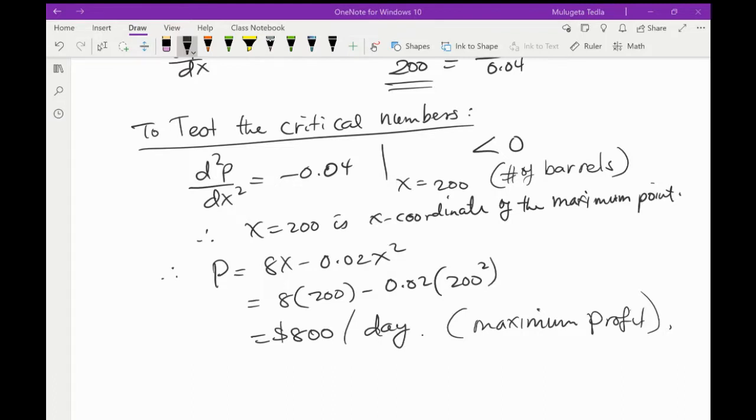So they cannot randomly make. The number of barrels has to be 200 for a maximum profit of $800 per day. Make sense? It's a small company. Is there any follow-up question? Whoever asked me how many barrels, is that clear? No, that's it. Okay.